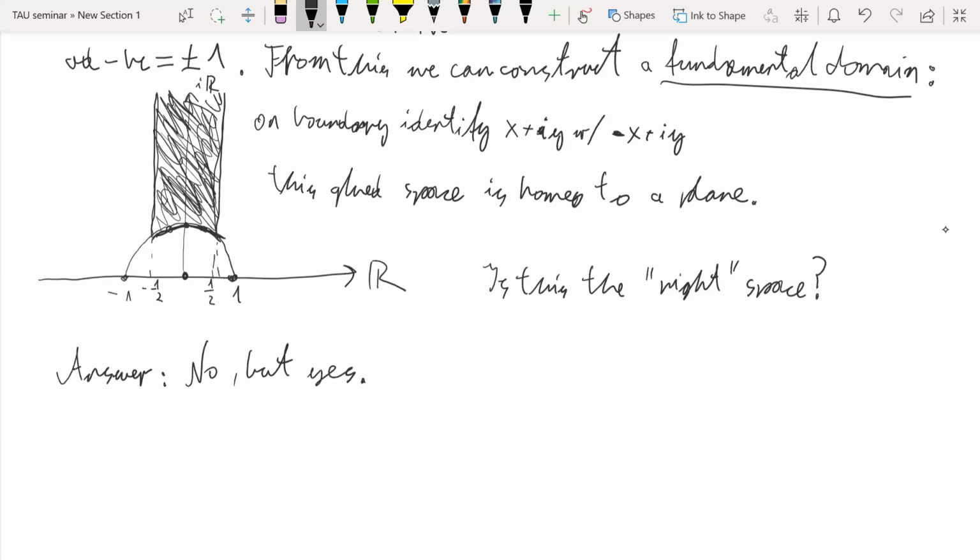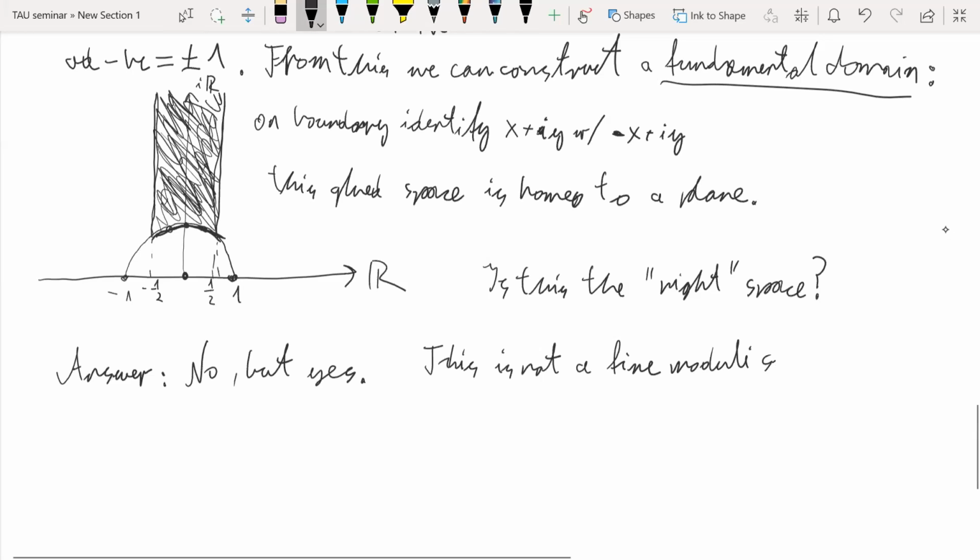So the answer is no, in the sense that this is not a fine moduli space. And the reason for that essentially comes from the fact that the lattices have automorphisms in some sense.